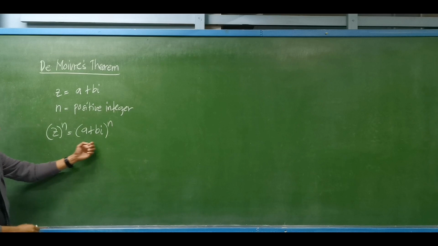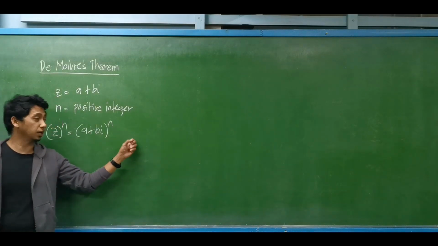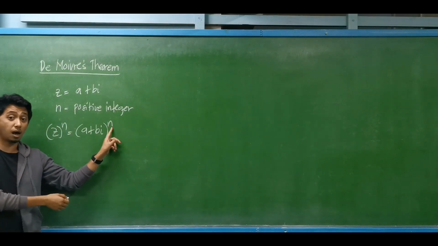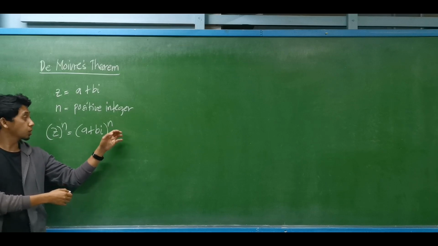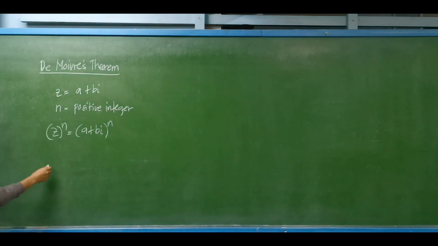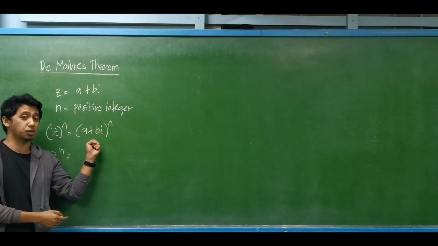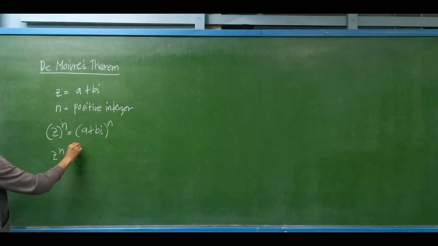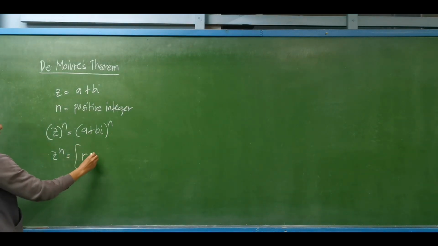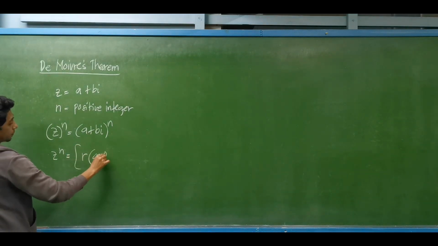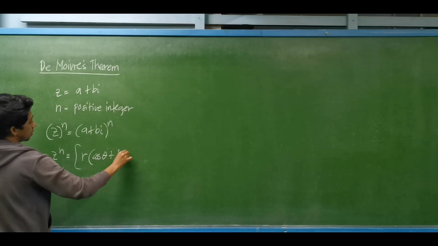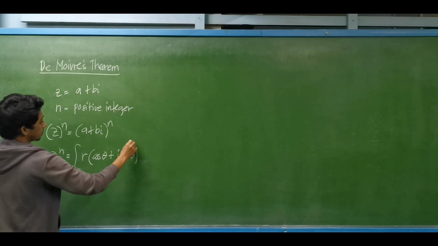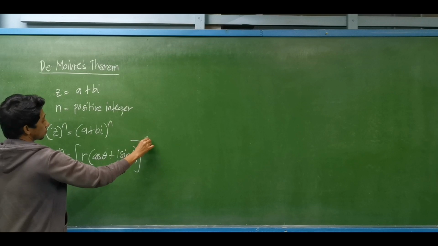So it will be very inconvenient if we are to expand this one, especially if n is a high value. So we apply De Moivre's theorem. We have z raised to n, but first we need to convert this complex number from rectangular form to polar form. So what is the polar form? That is the modulus multiplied by the quantity cosine of theta plus i sine of theta, this value raised to n.